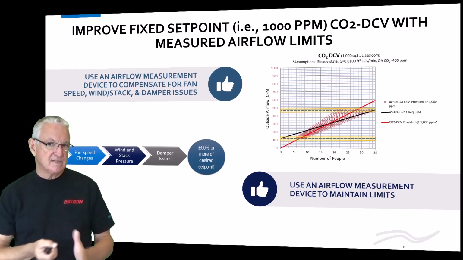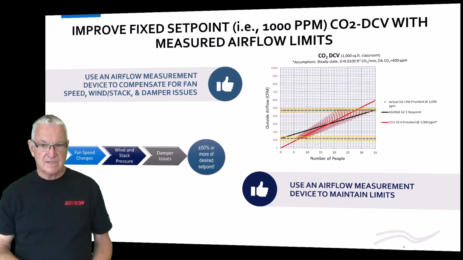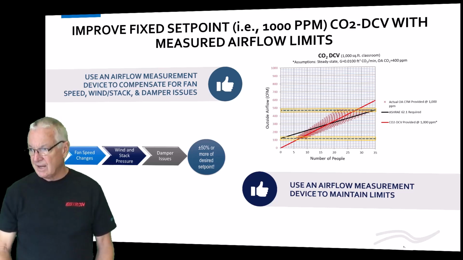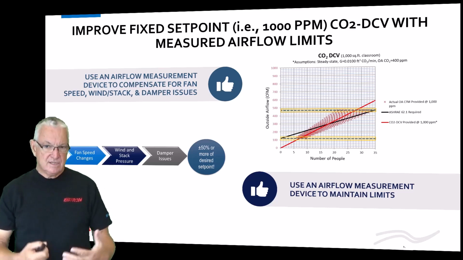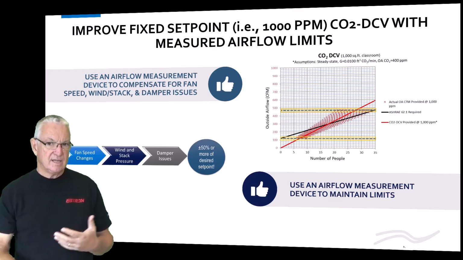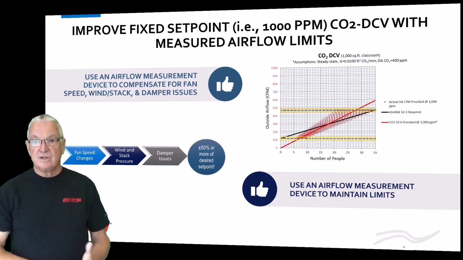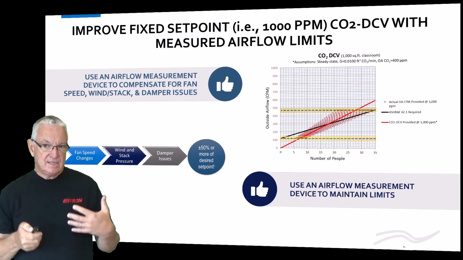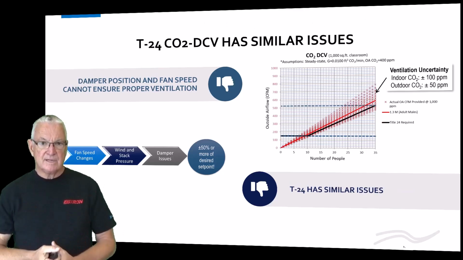Because these problems exist on all systems. It's not just recirculating air handlers. It's not just rooftop units. This could be individual ventilation zones in a DOAS system. Okay, so you set these airflow limits.